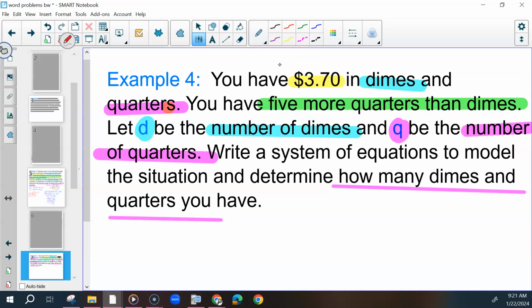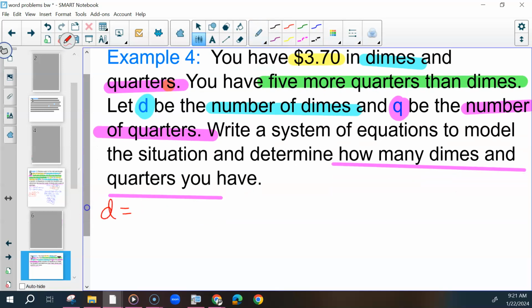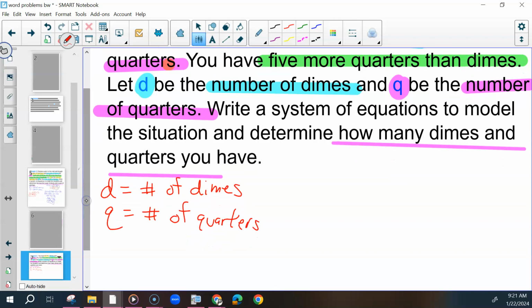Let's write our variables. Talk about the first one. We have a total of $3.70. How could we write an equation that is going to equal that formula?